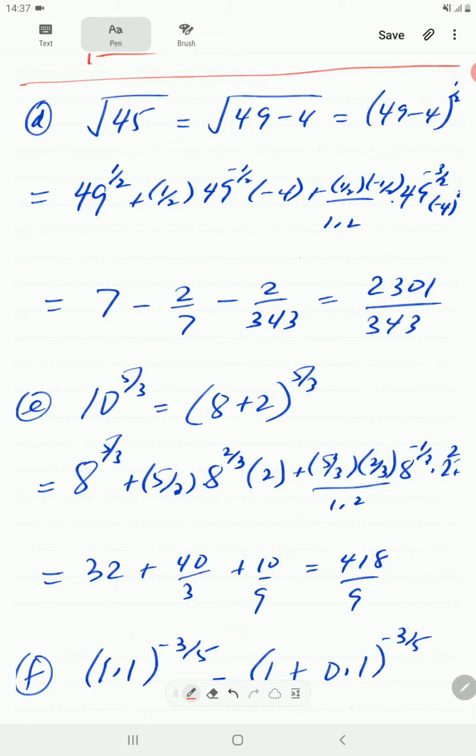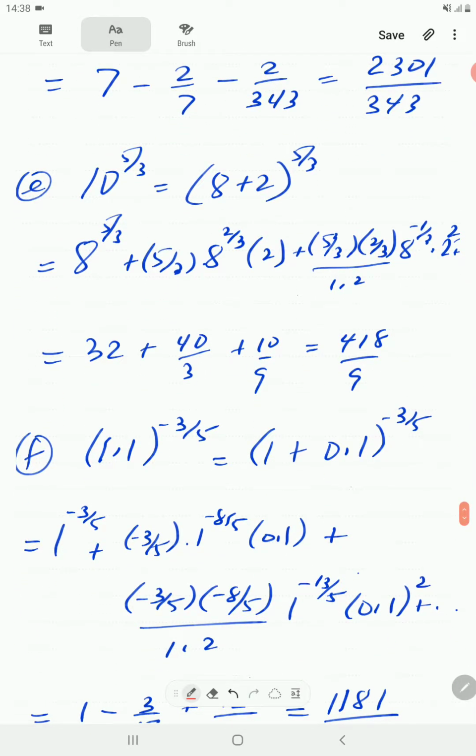Multiply by negative 4. Then here we're going to have 2 factorial here. Half times negative half. 49 is now to the power negative 3 halves. This here is going to be negative 4 squared. Then when you simplify, this gives us those fractions, which works out to 2301 over 343.